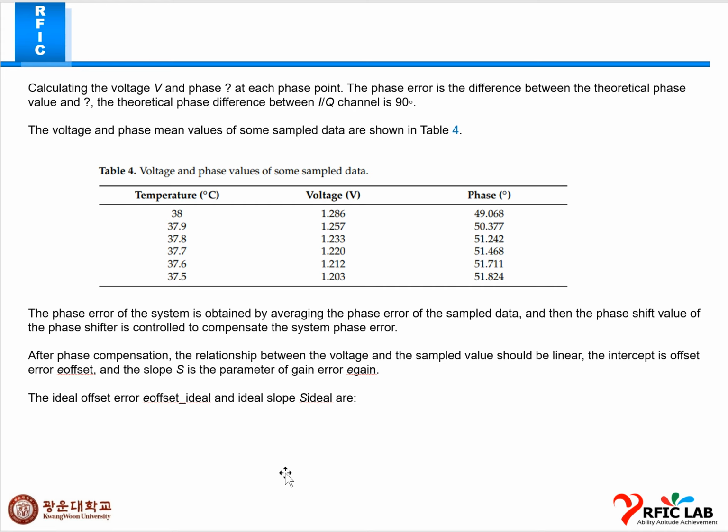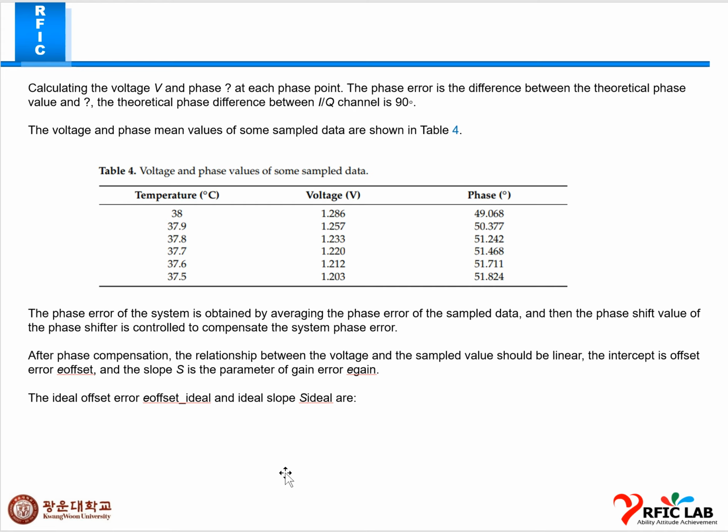After phase compensation, the relation between the voltage and the sampled value should be linear, and then it can intercept with the offset error, and which creates the slope. I will show the graph also about how we are calculating the slope and everything, the ideal error offset slope and ideal slope. And this table describes the voltage and phase value of the sample data.